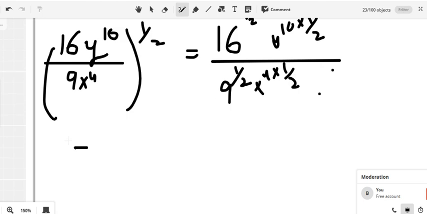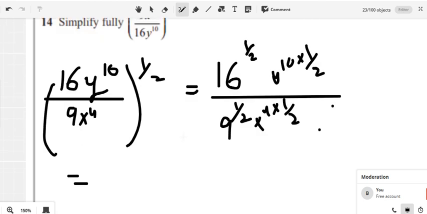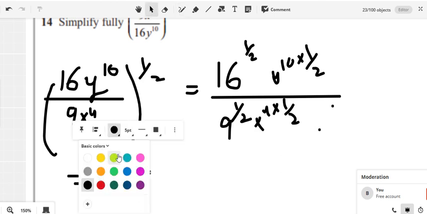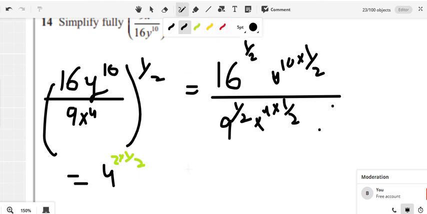Now you write here 16. 16 can be split into smaller numbers. 4 times 4 is 16, right? So we can do 4 squared times 1 half. And y, 10 divided by 2, which is 5.